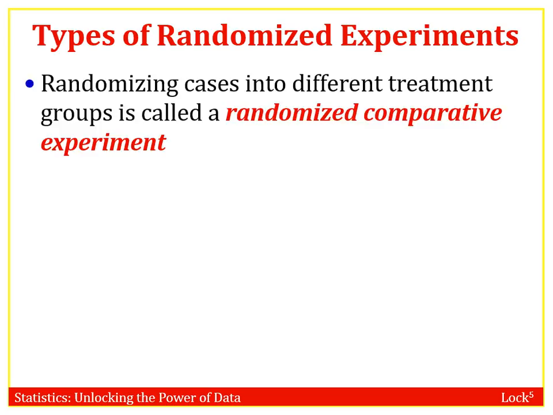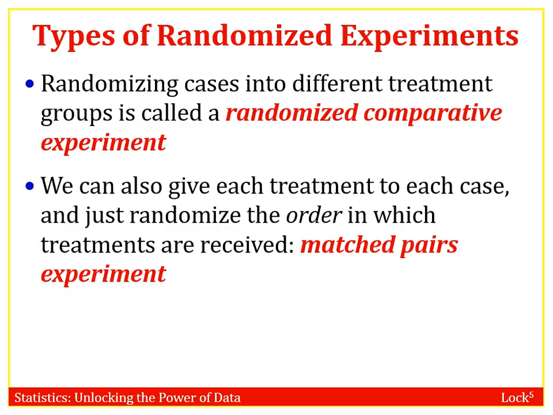So one of the types of randomized experiments is a randomized comparative experiment, in which the cases are randomized into the different treatment groups. We have matched pairs experiments also. A matched pair, besides randomized comparative experiments, are both valid ways to do these types of experiments.